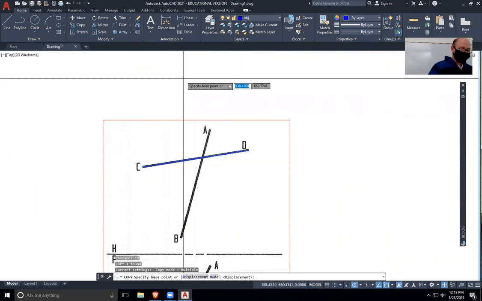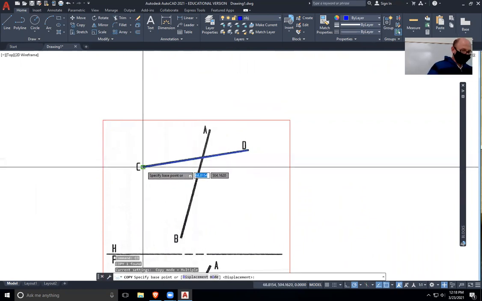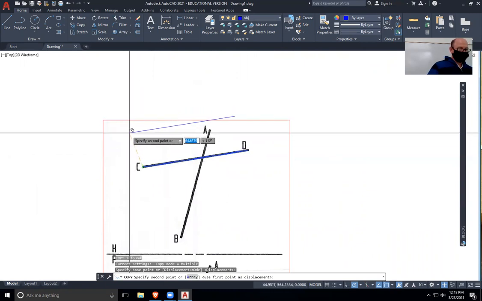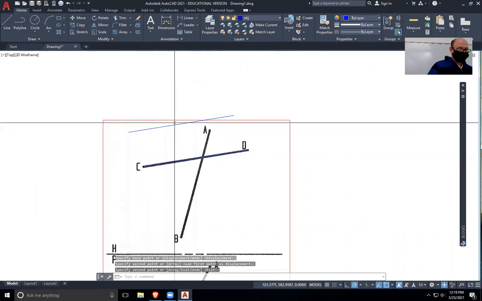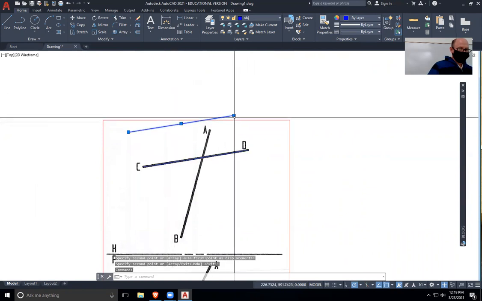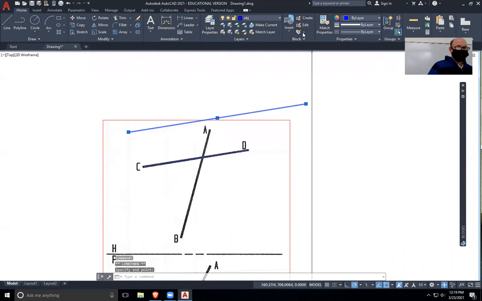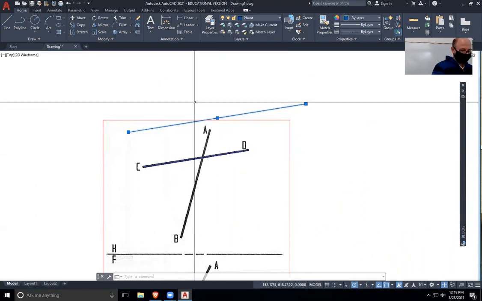Okay. Yeah, I'm going to catch up here. So I'm going to project out here. There, stretch that out a bit. Put that on the phantom layer. Change my linetype scale.